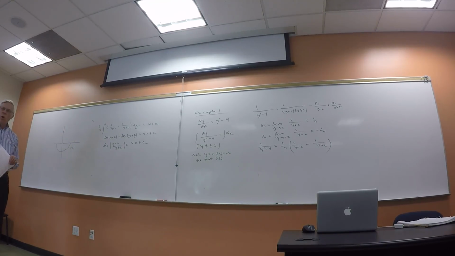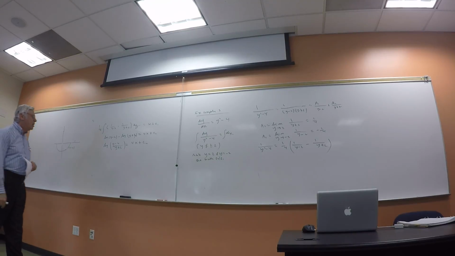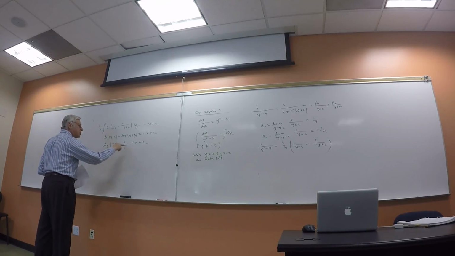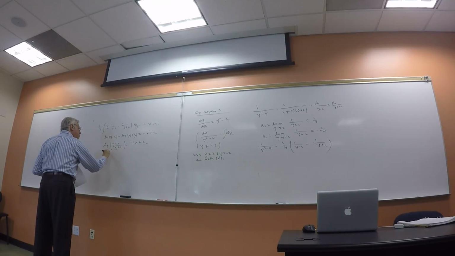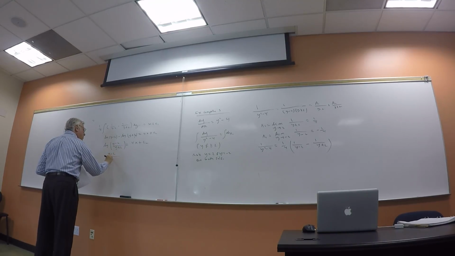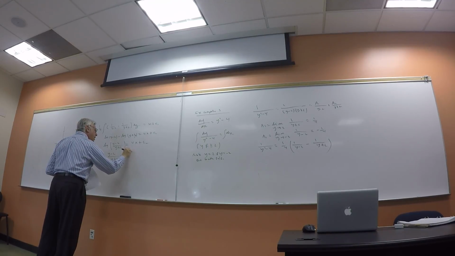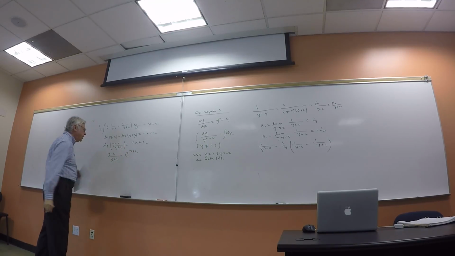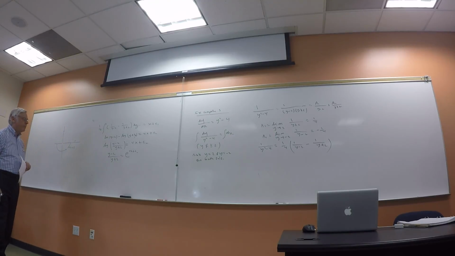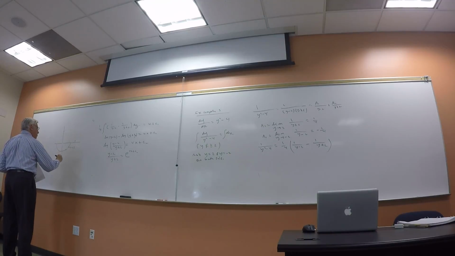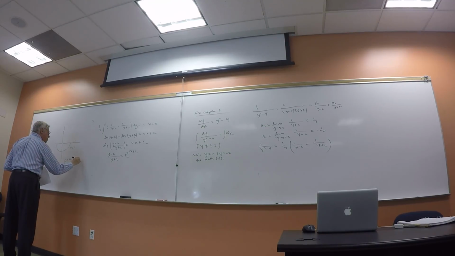And again, we want to get y, so if the logarithm, by definition, of a quantity is equal to 4x plus C2, then the thing you're taking the log of, in this case y minus 2 over y plus 2, is the exponential of 4x plus C2. Okay? Now, again, rules of exponents. I expect you to recall that e to the a plus b is e to the a times e to the b.